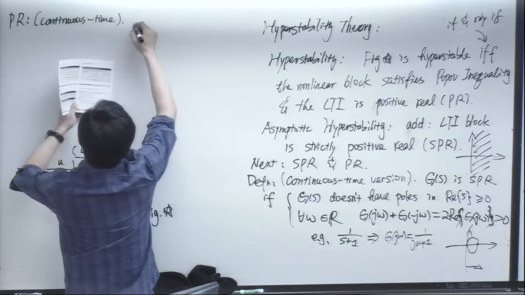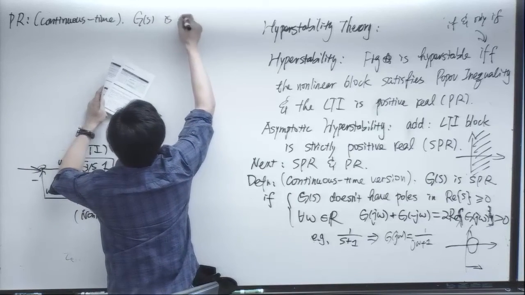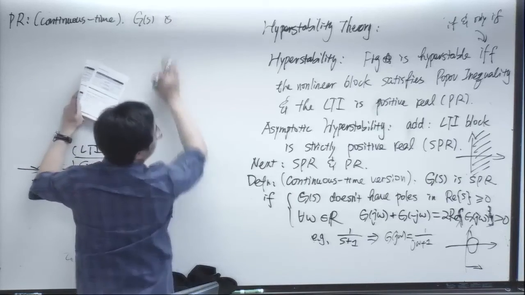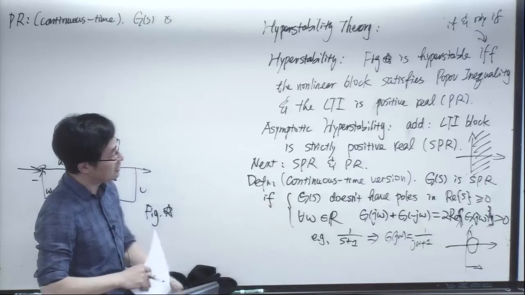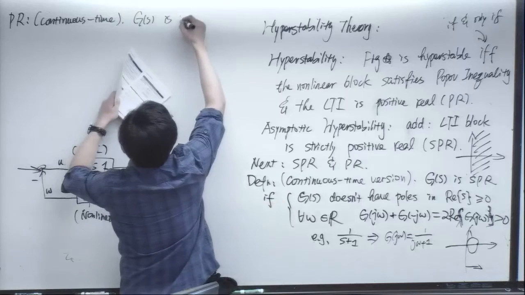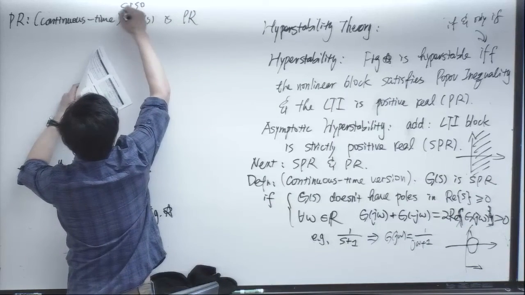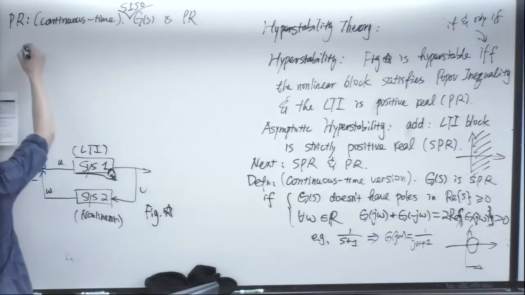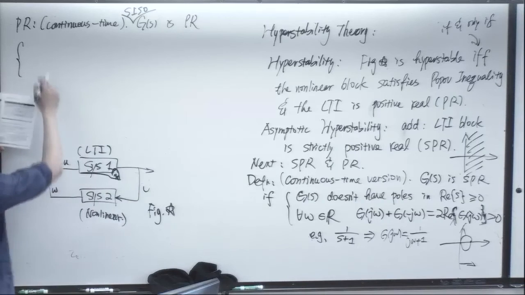is as follows. The transfer function G(s), single input, single output. All of the discussions here are single input, single output transfer functions. It is PR if it satisfies two conditions.